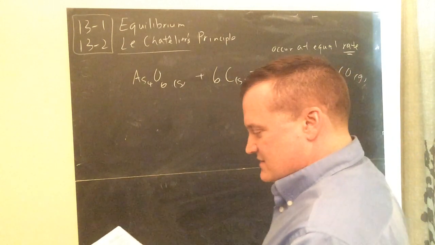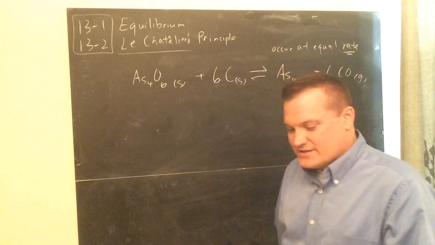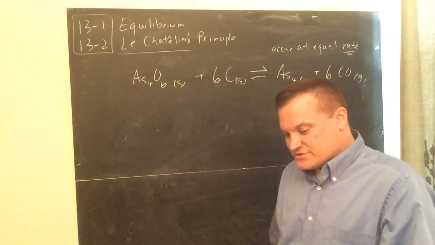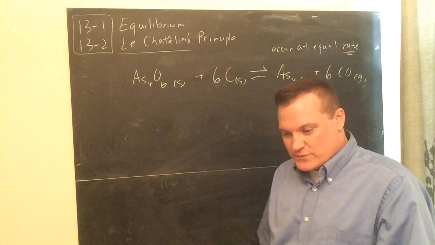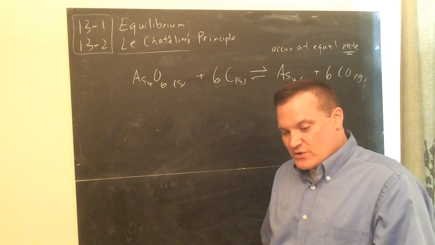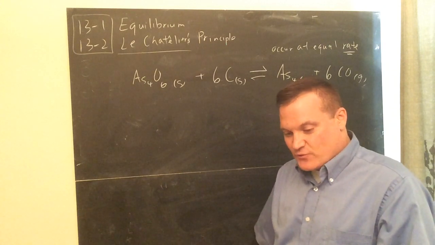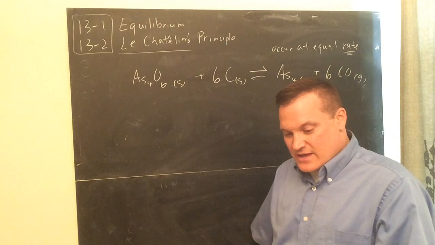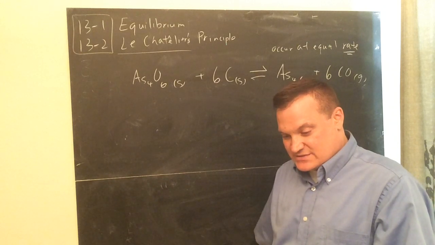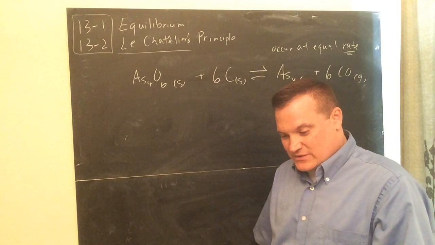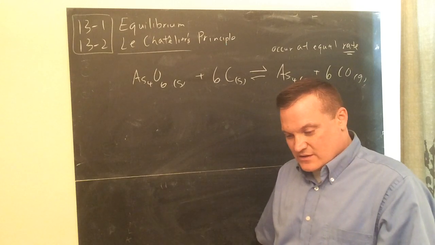Now it says the following reaction takes place in the extraction of arsenic from ores. First, arsenic ore is reacted with oxygen to form As4O6, which is then reduced by carbon.